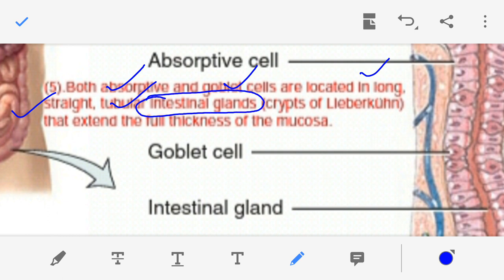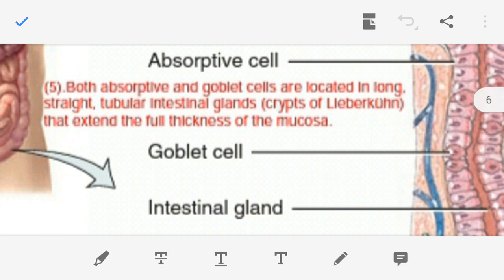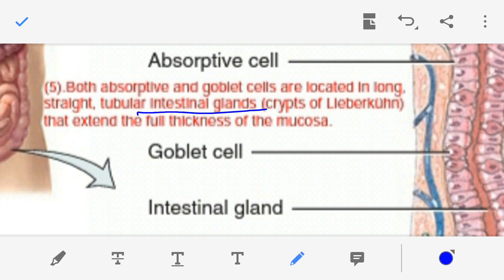The intestinal gland is made up of simple columnar epithelial cells, and among these cells, some function as absorptive cells and some function as goblet cells. So the long straight tubular gland is known as the intestinal gland.